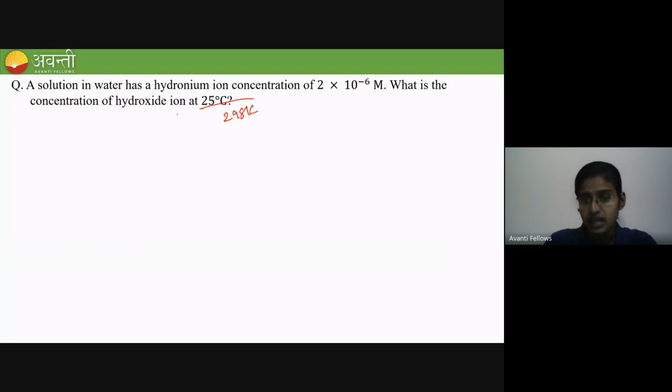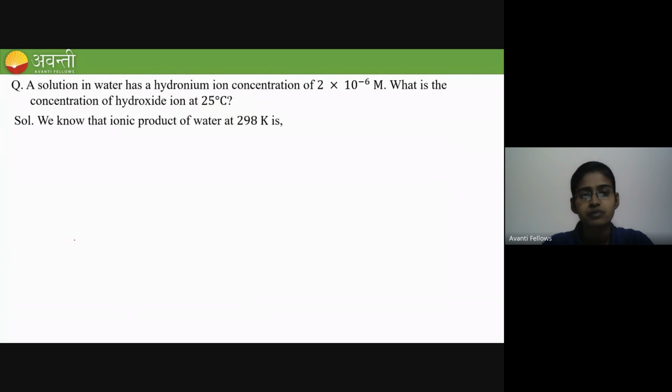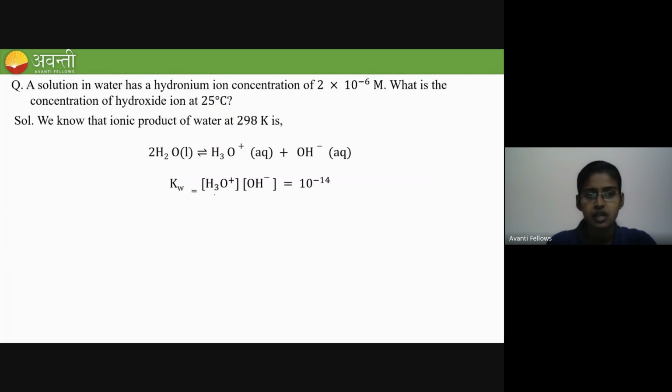Now, we know that the ionic product of water at 298 Kelvin, Kw, is equal to 10 power minus 14. So therefore, OH minus will be equal to Kw by H3O plus.